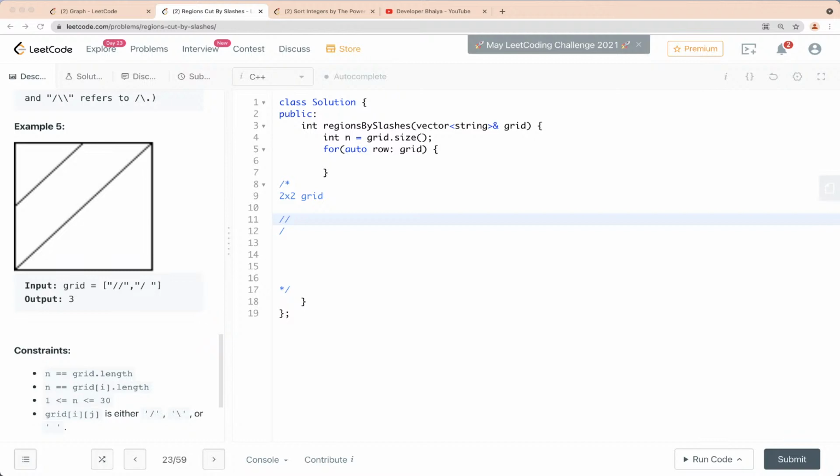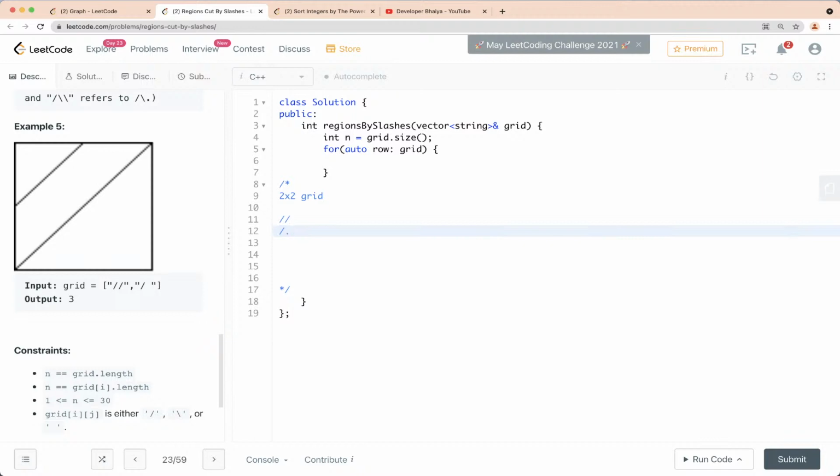Someone is saying in chat comments that if you encounter a space, put a dot in the grid. They are saying to put a dot in the grid like this, and then simply count the number of islands. That doesn't make sense.